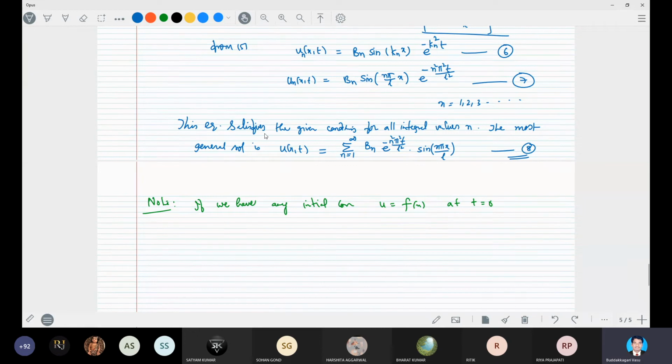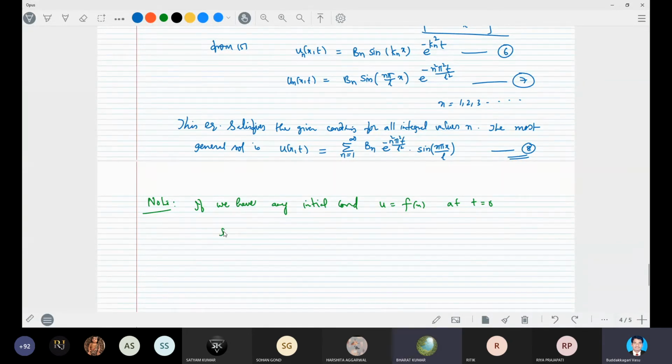Once we obtain the final solution like this, we apply the initial condition where u = f(x) at t = 0.